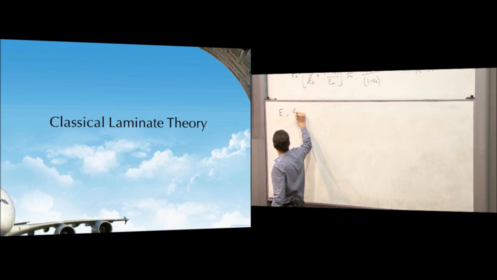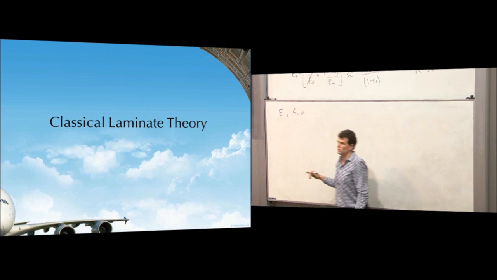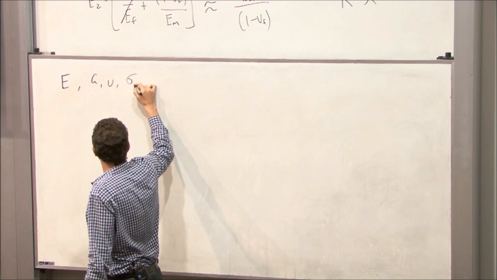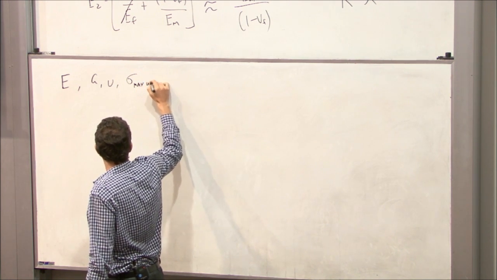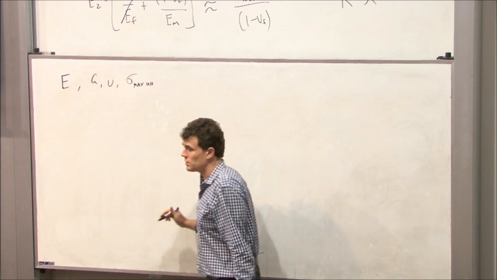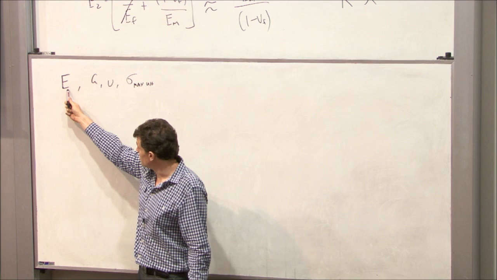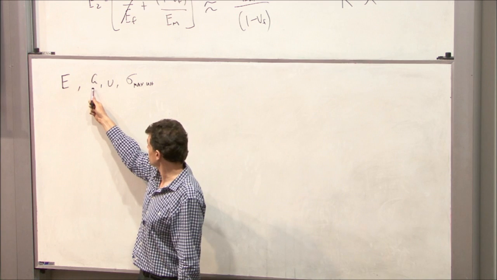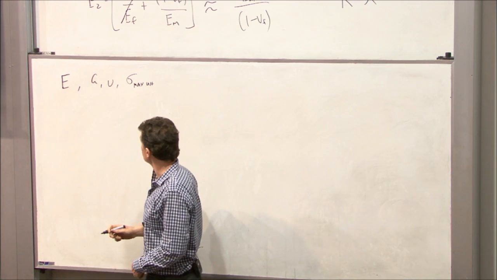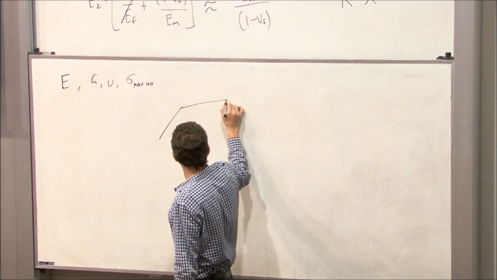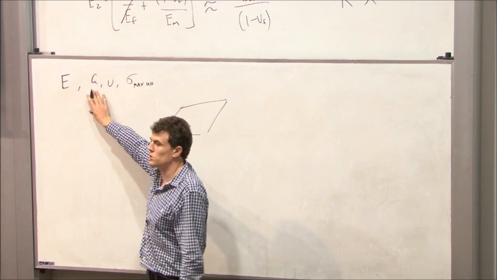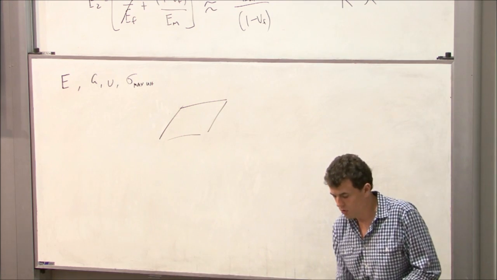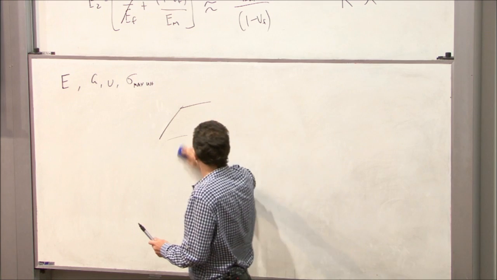So we're after things like E, G, and nu that tell us stiffnesses and strengths, so sigma max, ultimate. We're after the ability to determine how much something is going to deflect for a certain amount of force, or how much it's going to shear or skew, which is the correct term, for a given amount of shear stress, and the amount it's going to shrink transversely. So these engineering properties are the things we really want.